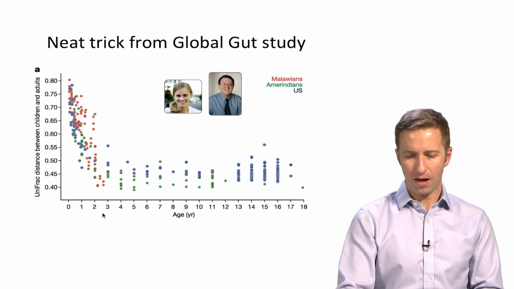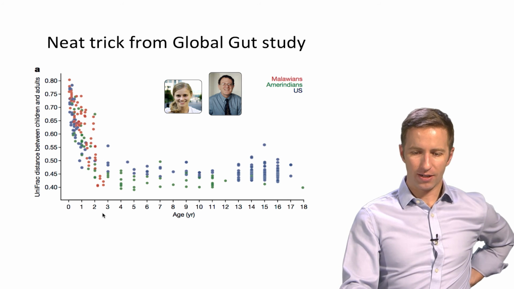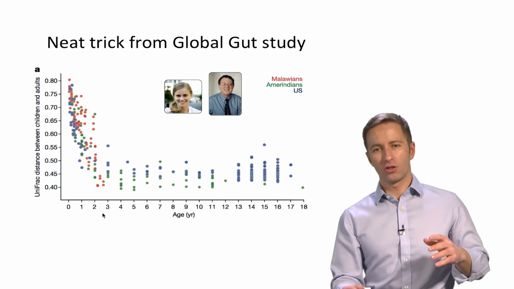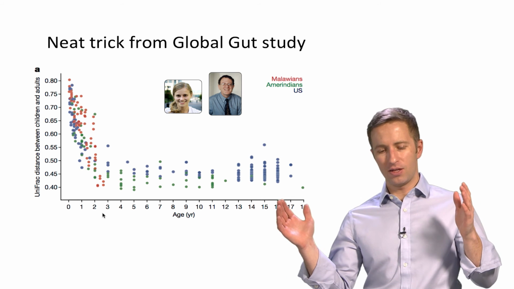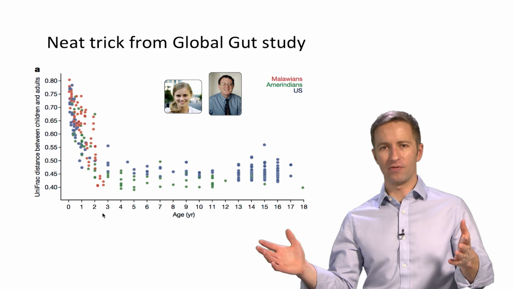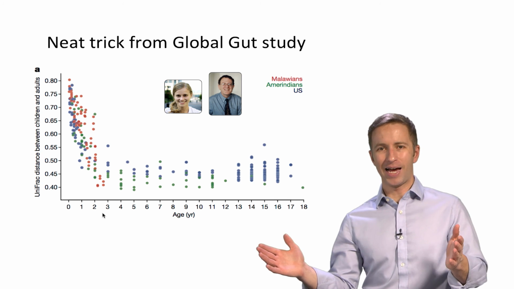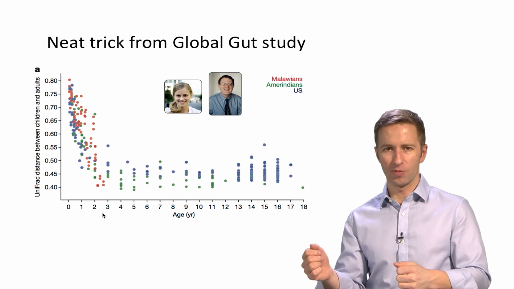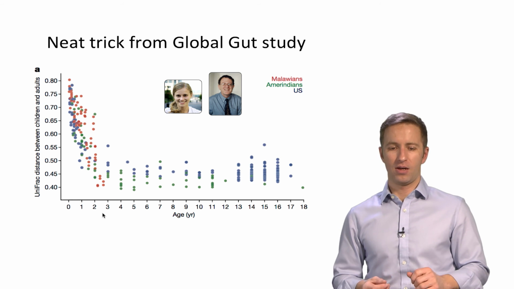Now, I wanted to mention one neat trick that you can use in beta diversity. So far what we've done is we take the overall beta diversity and we collapse it down to 1 or 2 or 3 dimensions using principal coordinates analysis.